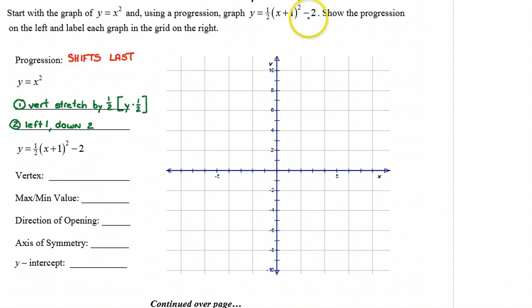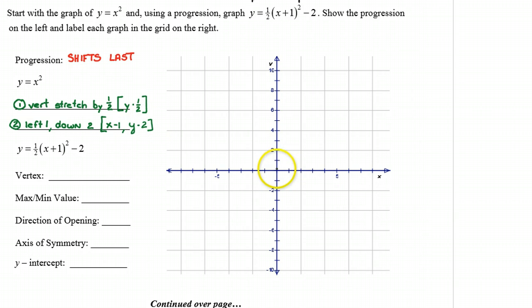And this minus 2 tells us about our vertical shift, so minus 2 is 2 down. It's always good to go back and justify why these shifts are applied in this manner, and you can do that using a table of values and graphing it, putting a couple examples in there. So we're going to say x minus 1, and we're going to say y minus 2. That's what we have to do mathematically.